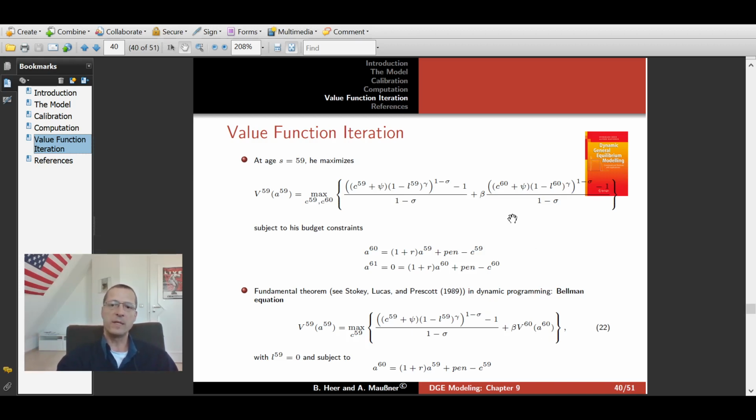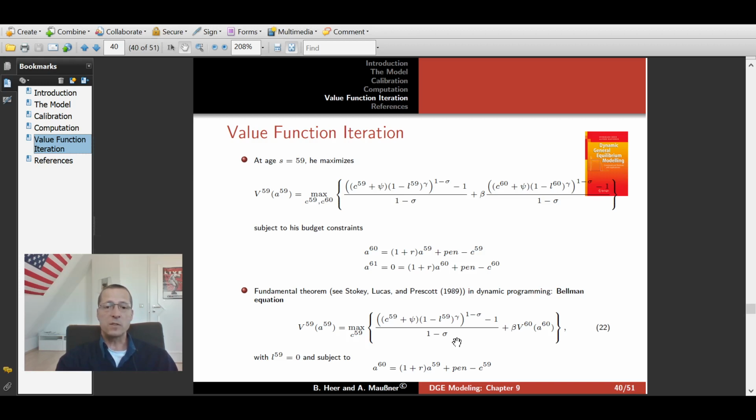So we can replace utility at age 60 by the value function at age 60, which is now a function of the wealth level A_60, and end up with a so-called Bellman equation, where the value function at age 59 is the maximum of the utility at age 59 plus the value at age 60 discounted by the factor beta.